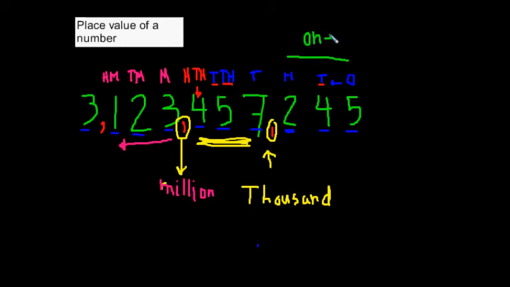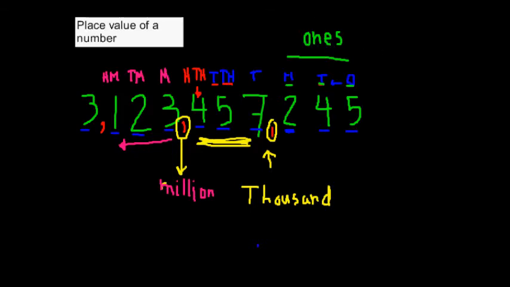Because they are before the comma. So the numbers that are in ones are hundreds, tens, and ones. All hundreds, tens, and ones are in the area of ones.